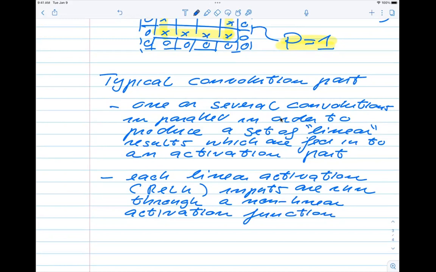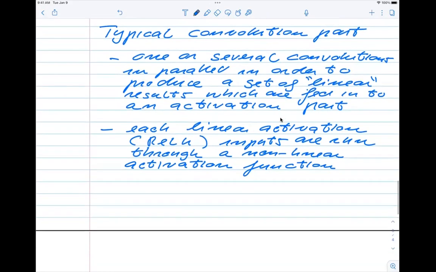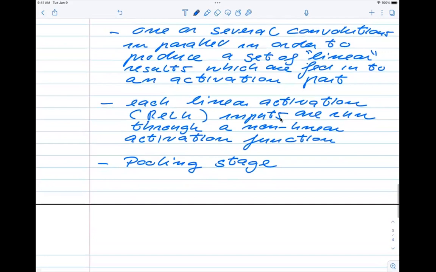And then there is a final stage, which is called the pooling stage. You can read the pooling stage as a further dimensionality reduction. And this deals with something which is normally called sparse connectivity.